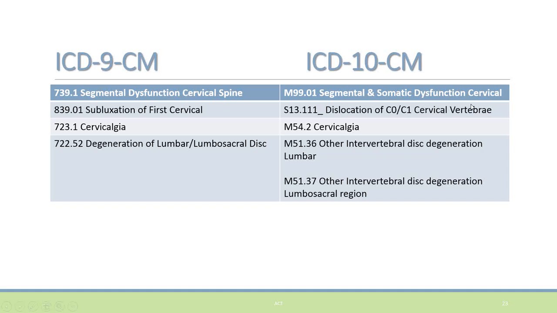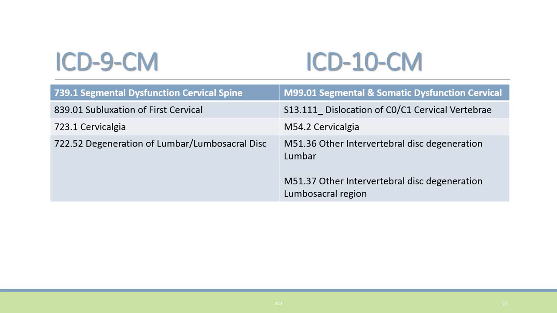Now I need to clear this up because in ICD-10 there is actual wording called subluxation. So we have subluxation and we have segmental and somatic dysfunction that translate over from our 739 codes. There is subluxation and dislocation that translate from our 839 codes.